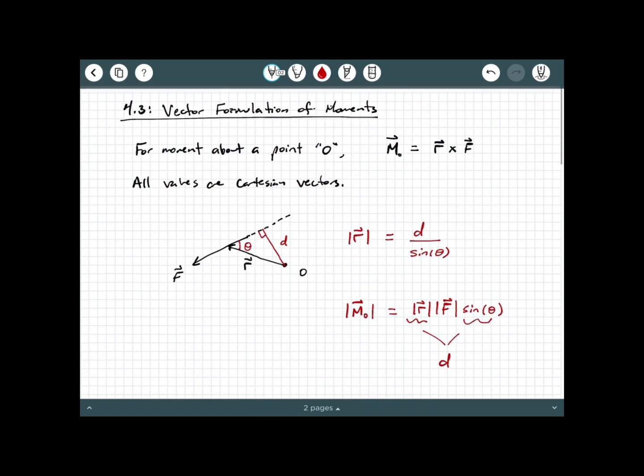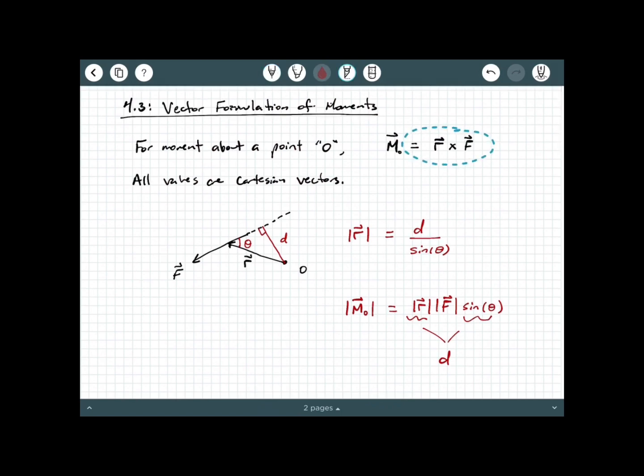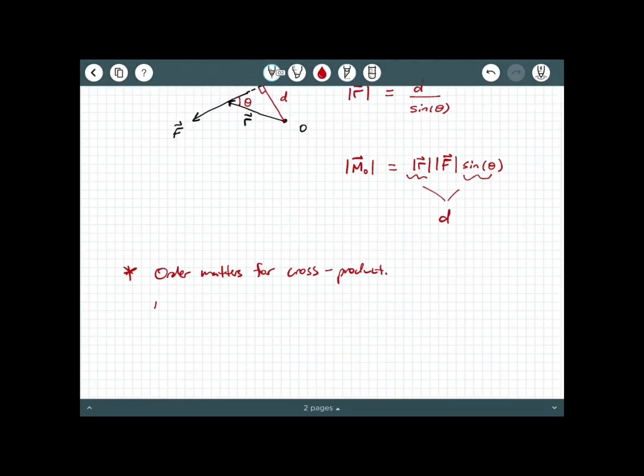Okay, it is specifically R cross F. It is not F cross R. If you compute F cross R, that will not be the correct vector representation for the moment about O. In fact, it'll be the negative of what you want. So you need to compute specifically R cross F. Order matters, okay? So we're going to put that in parentheses, R cross F. Okay, order matters.